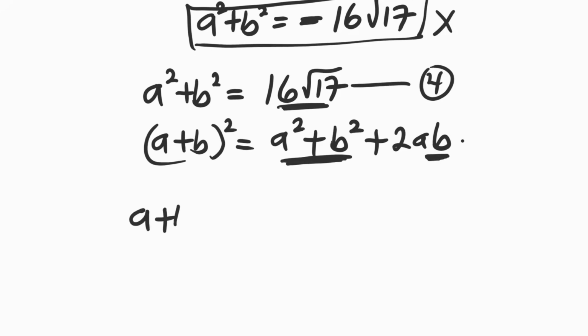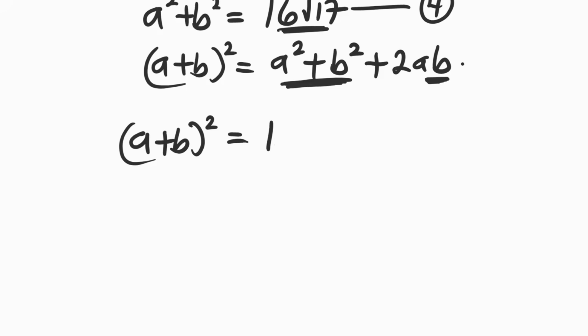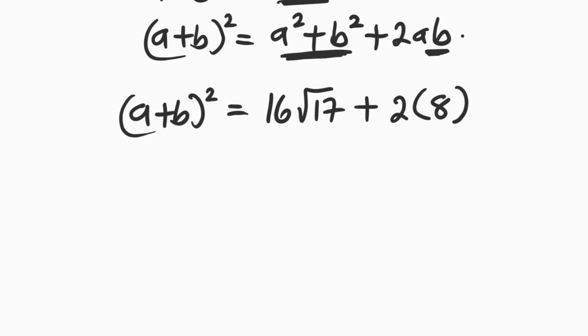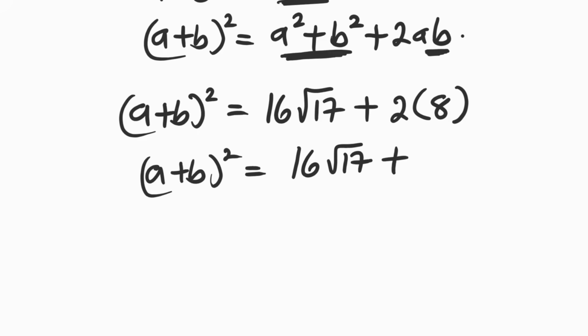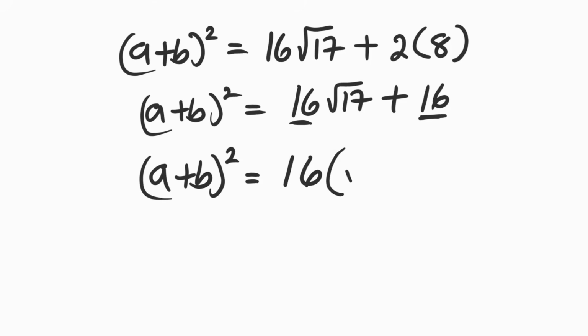So a plus b all squared is equal to 16 root 17 plus 2 into brackets 8. So a plus b all squared is equal to 16 root 17 plus 8 times 2 is 16. And we can see that we can factor out 16 from here. So a plus b squared is equal to 16 into root of 17 plus 1.